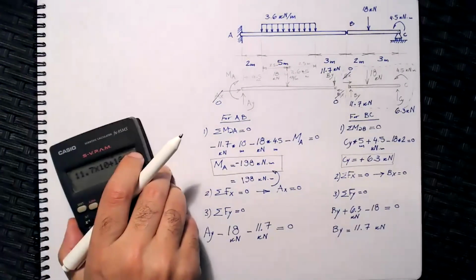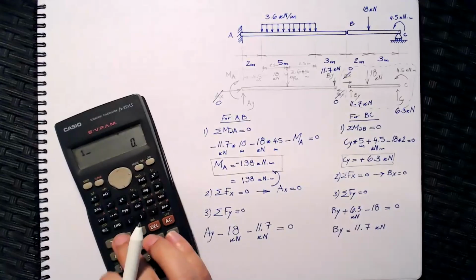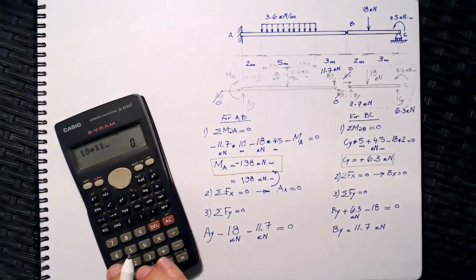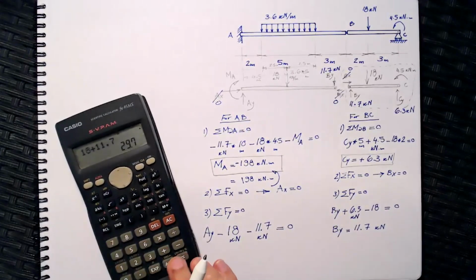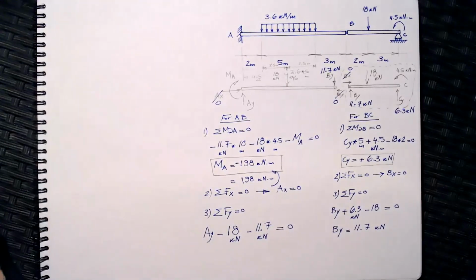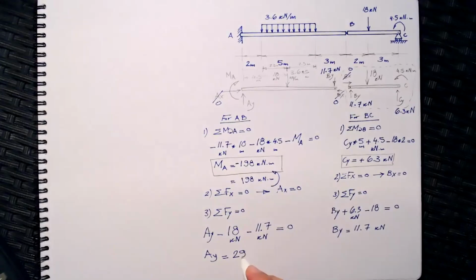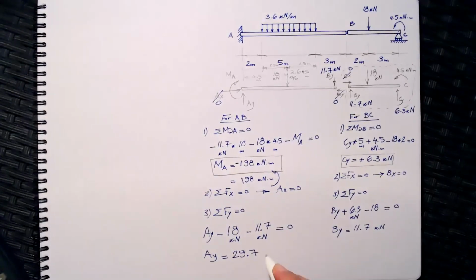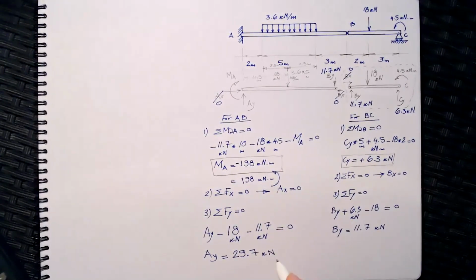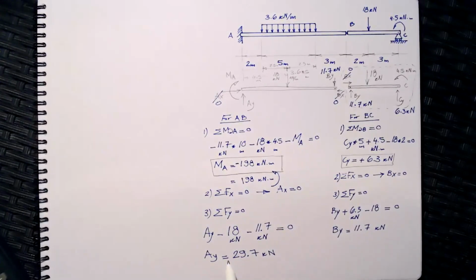So I'll do the math real quickly. 18 plus 11.7. That means that AY is 29.7 kilonewton in the positive direction.